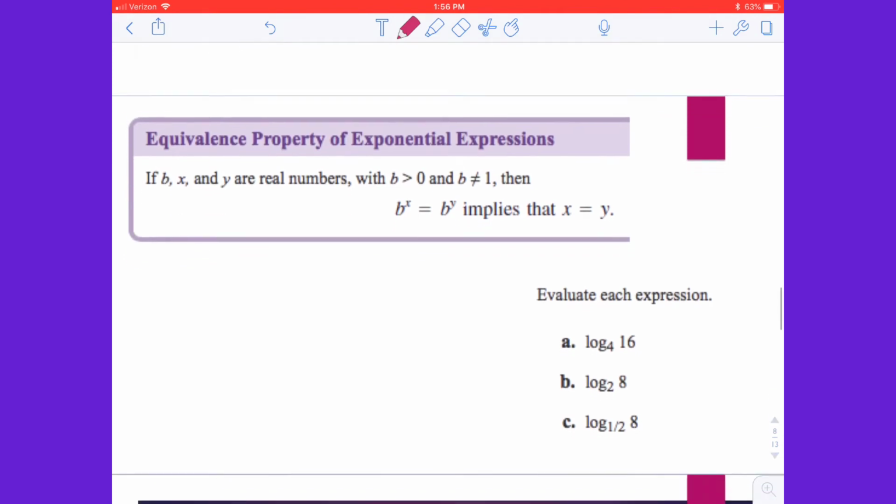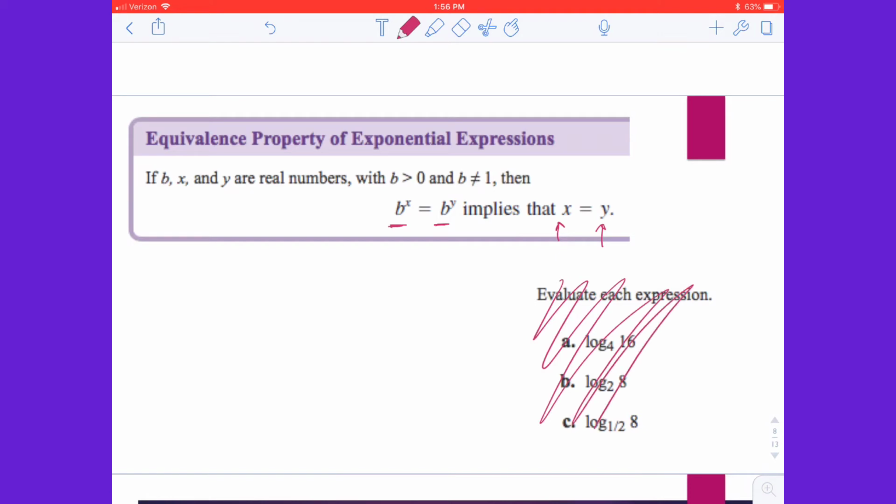Now, I do want to talk about the equivalence property of exponential expressions. If b, x, and y are all real numbers, where b is greater than 0 and does not equal 1, then if you know that two things with an exponent are equal to one another, then you know that their exponents have to be equal to one another as well.